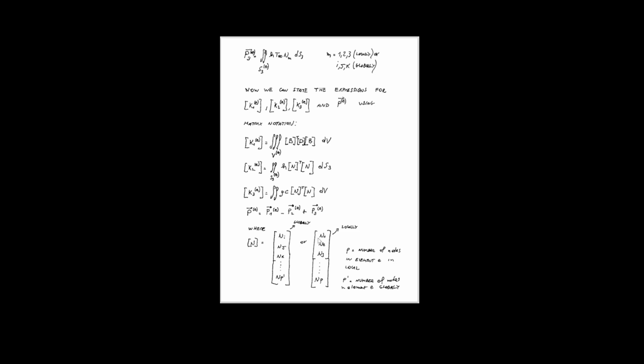Locally, we can renumber them as N1, N2, and N3. P is the number of nodes in element E locally, and P superscript 1 is the number of nodes in element E globally.